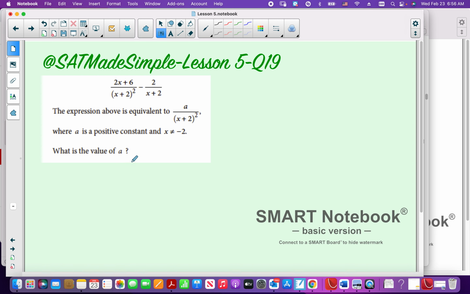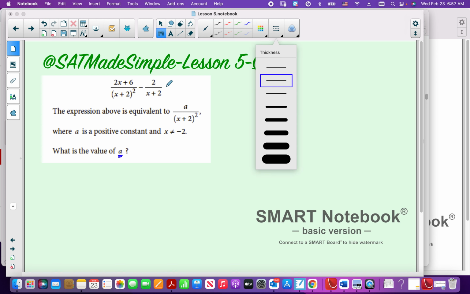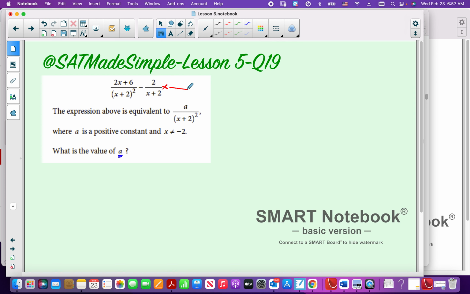We need to find the value of a, and we have an expression with fractions, and to subtract these fractions we need to make a common denominator. So I need to multiply the fraction on the right hand side by x plus 2 over x plus 2. That will make my fraction 2x plus 6 minus 2 times x plus 2, all over x plus 2 to the power 2.